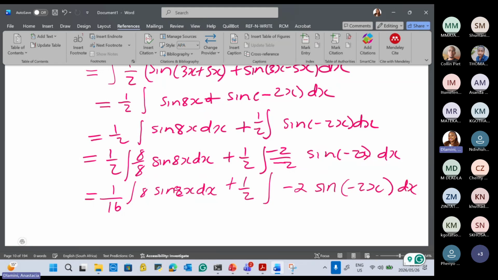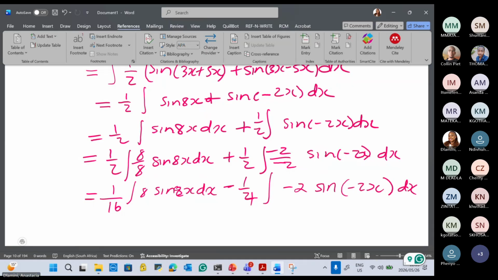Something is missing. What did you do there? The negative 2 is supposed to be 1 over 4. With the negative. Yes, with the negative, okay.